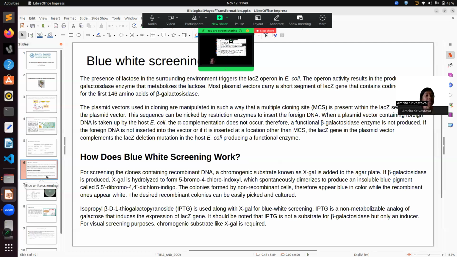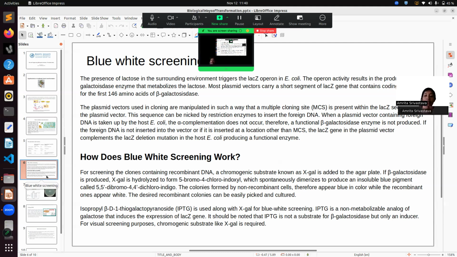Now, blue-white screening is a very common screening which utilizes the LacZ operon in E. coli. Now, the LacZ operon has several genes that code for proteins that are activated by the presence of lactose, and that utilize lactose for metabolism. So they produce an enzyme called beta galactosidase.